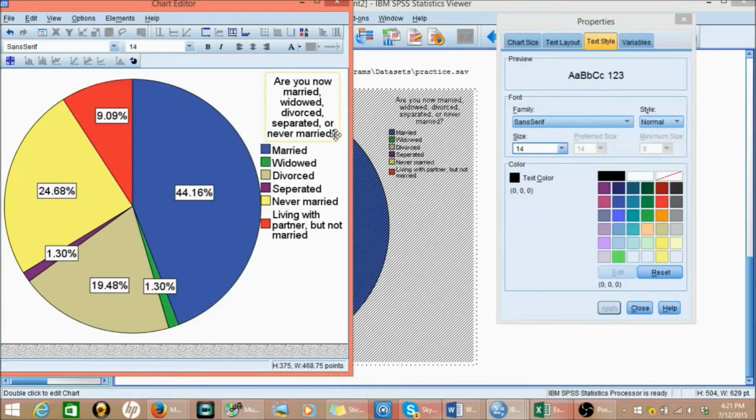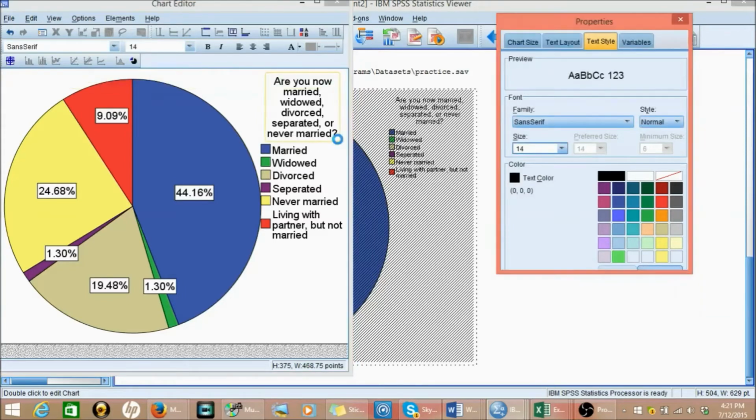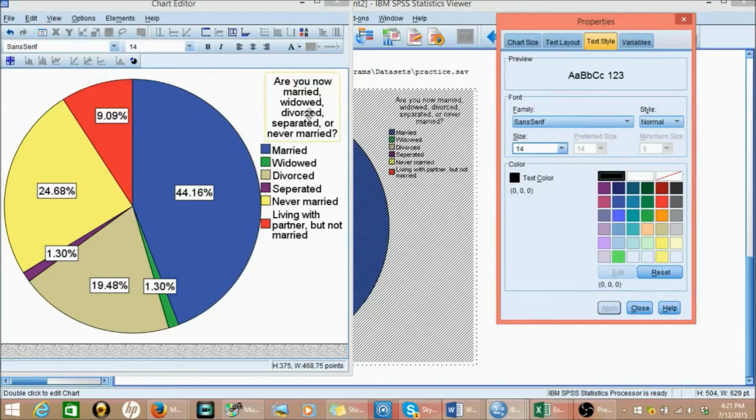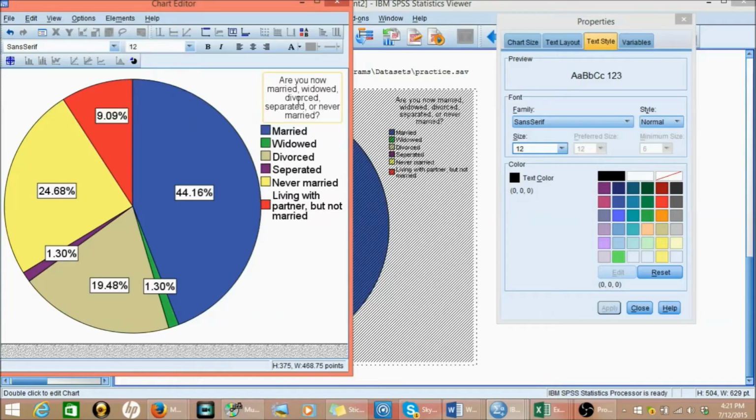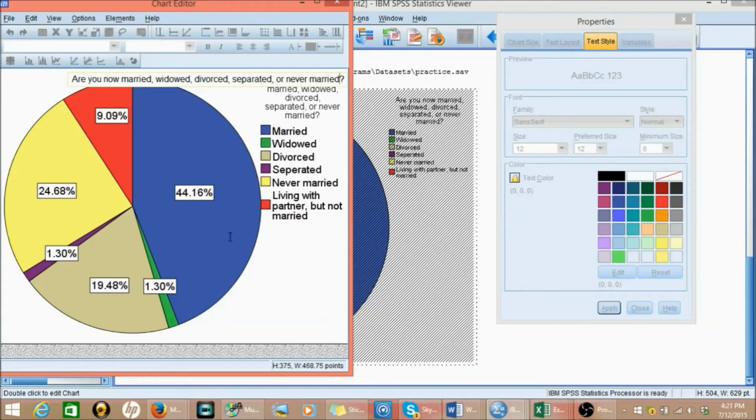Kind of wish I could. Well, there is a way. I've done it before, I promise I have, but there is a way to get this box to fit a little bit better. Okay, let's go back down to 12. How about 12 for that? Ooh, or can we? Alrighty, well that does look better though.